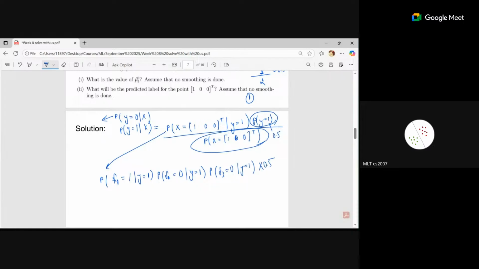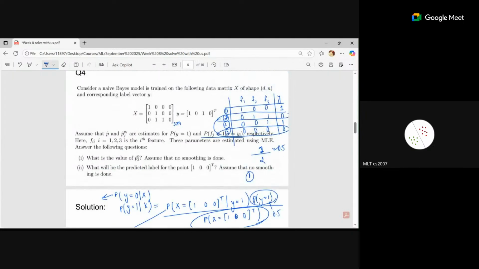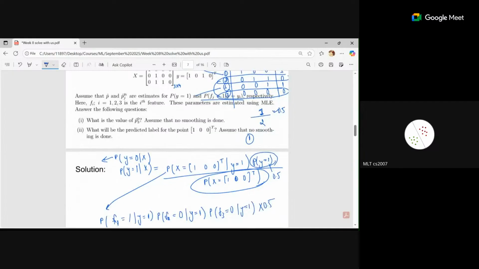Okay. So now given y is equal to 1, which is 1 and 3, I need to see how many have label 1. So that is just 1, right? So 1 by 2 from there.